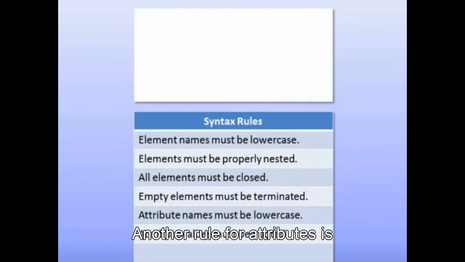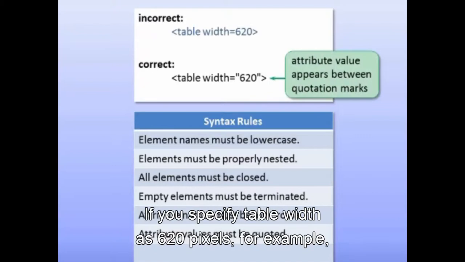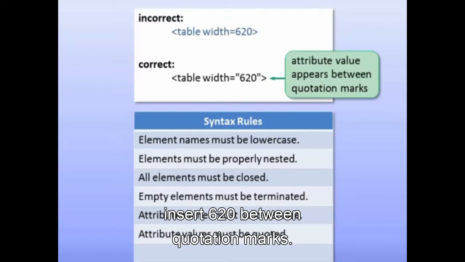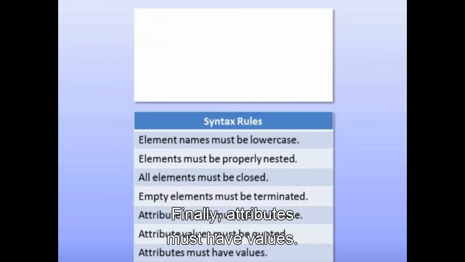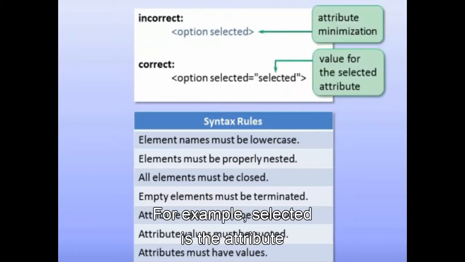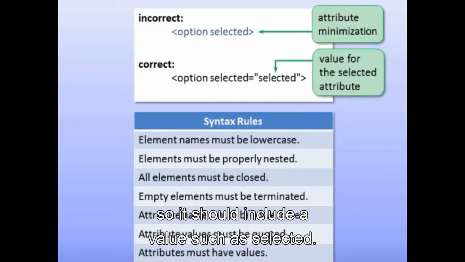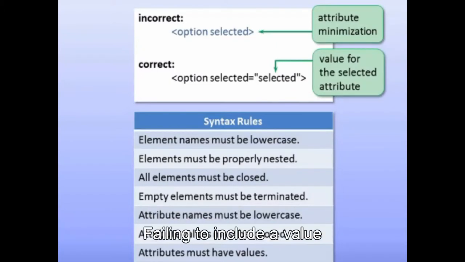Another rule for attributes is that their values must be quoted. If you specify table width as 620 pixels, for example, insert 620 between quotation marks. Finally, attributes must have values. For example, selected is the attribute for this option property, so it should include a value such as selected.